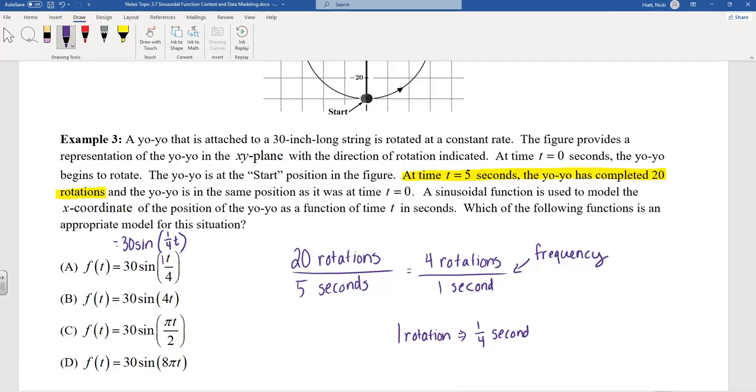Is that the right answer? Do we just take this number and plug it in as our B value? We do not, right? So the period, this is our period, is not the number that we plug in, right? So A is not correct because they just took the period and plugged that number in.